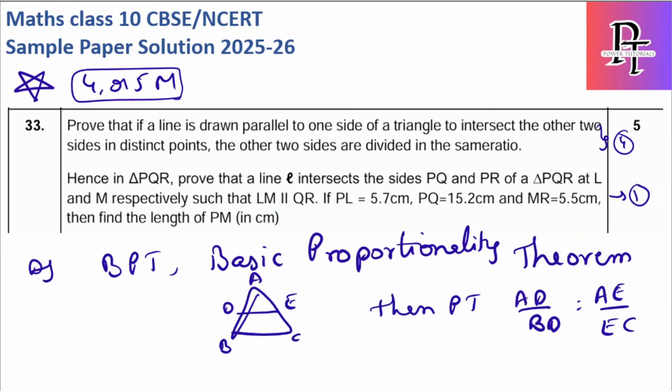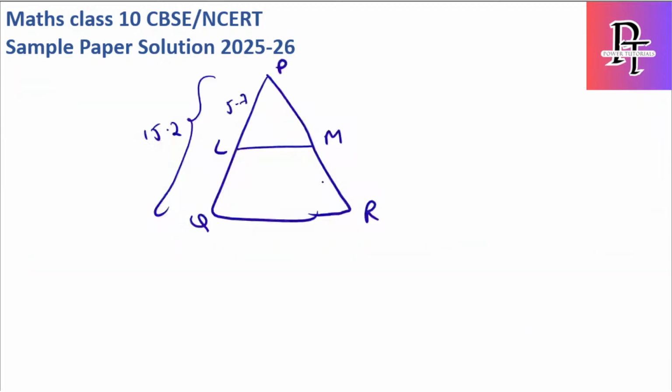MR is 5.5, and they are asking PM, so let's mark it as X.